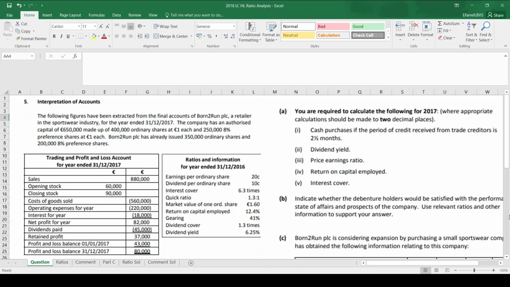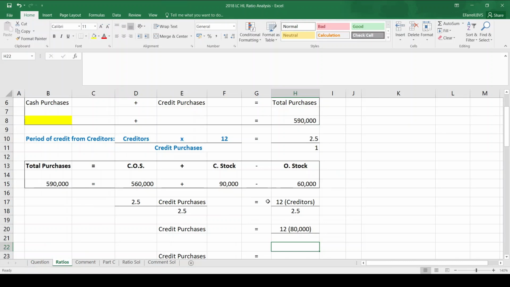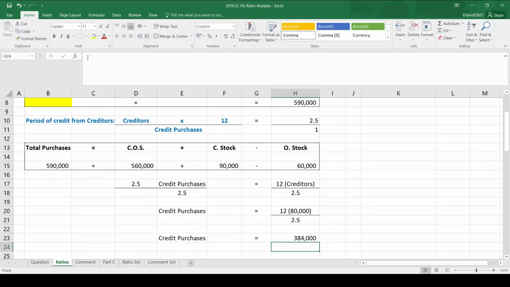Now from the question, if I go down to my balance sheet, I can see that creditors are 80,000. So it's 12 times creditors, which are 80,000, divided by 2.5. 12 multiplied by 80,000, divided by 2.5, is 384,000.